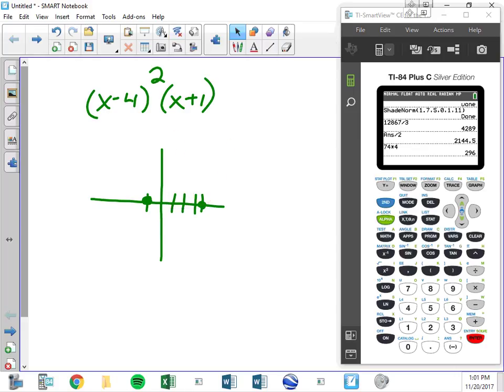So this is an x to the third. That's positive. Do I start at the bottom or start at the top? Start at the bottom. Where do I end? At the top. So at negative 1, I go straight through. And what happens at 4? It bounces off. That's what a double root does.